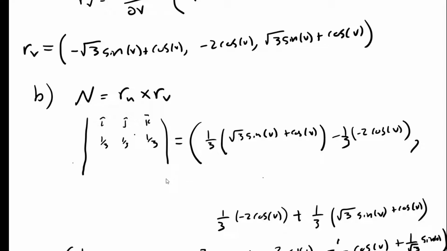So we have 1/3 times this minus minus 1/3 times this, the I component.